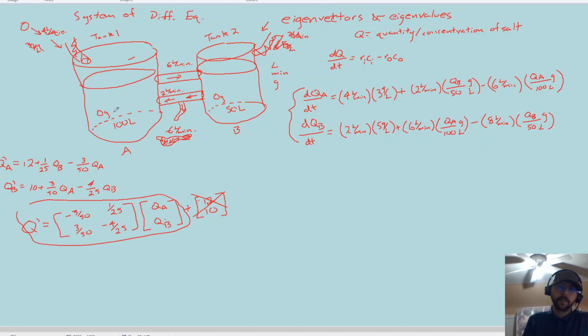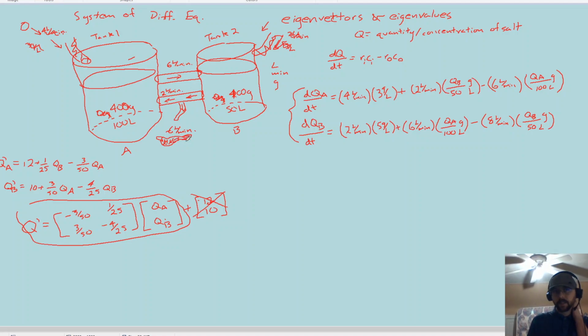So let's say these do have starting salt: 400 grams, and this one looks smaller, so let's say 200 grams. Actually, it might be more interesting to make them the same. They're both 400 grams, but they have different volumes and different flow rates. Basically the end result is that eventually there's no new concentration of salt flowing in. It's all going out, so eventually it will all end up on the floor.